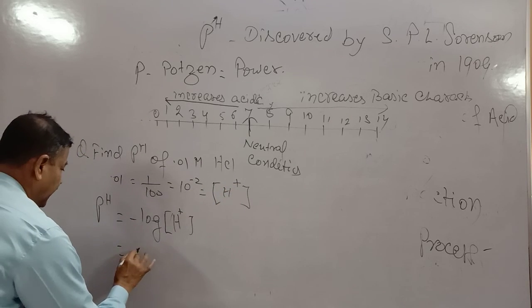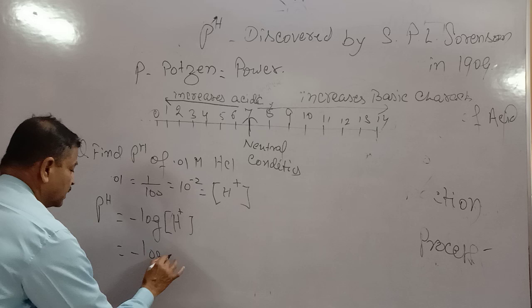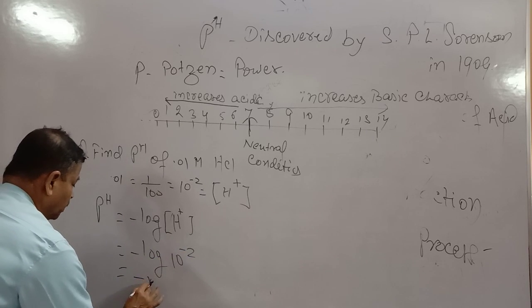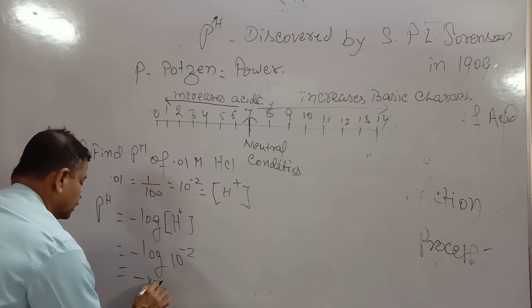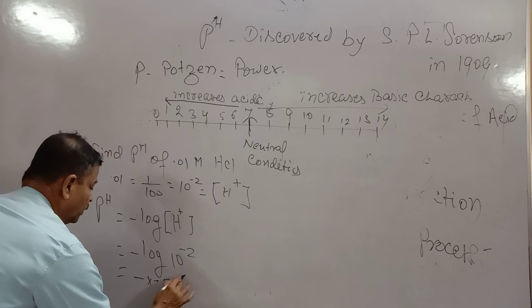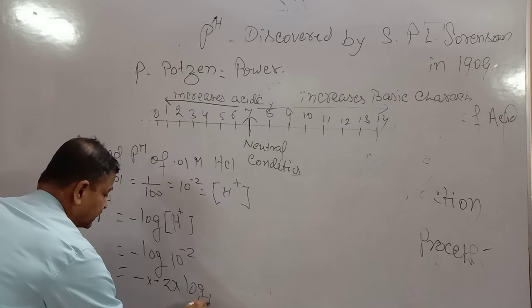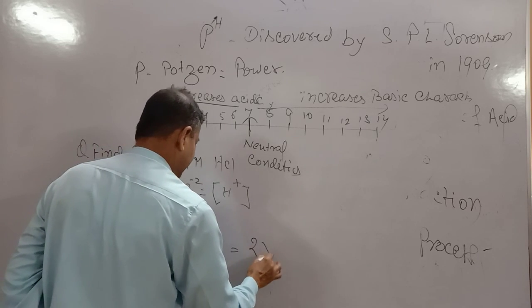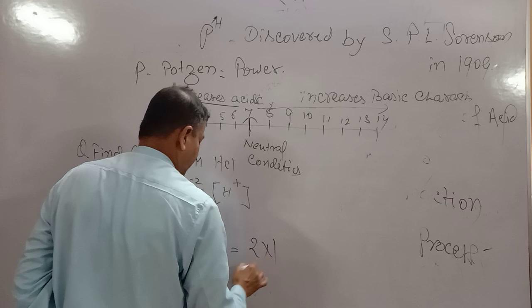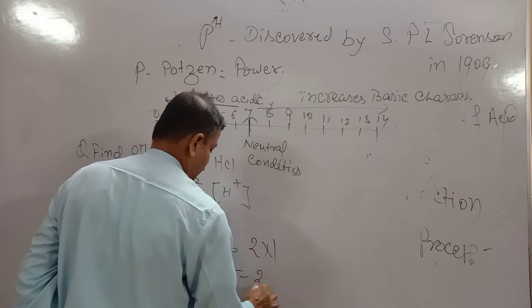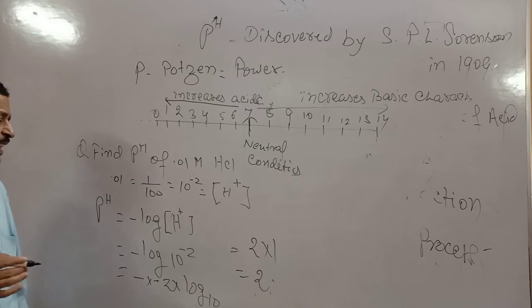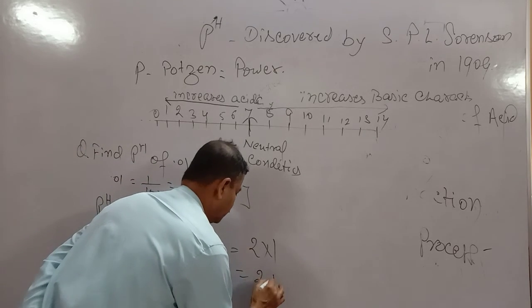Now minus log 10 to the power minus 2, so minus into minus 2 into log base 10 of 10, which is 1, that is 2. So the pH of 0.01 M HCl is 2, which is acidic.